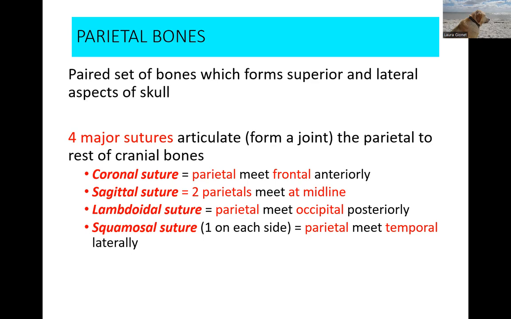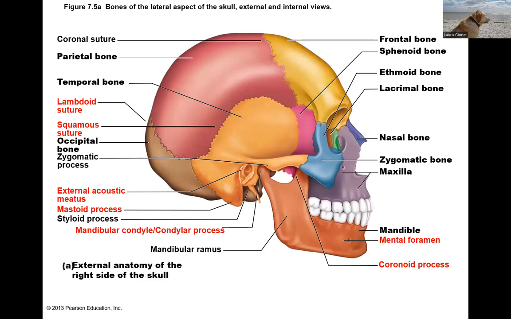The sagittal suture is where the 2 parietal bones meet midline. The lambdoidal suture is where the parietal bone meets the occipital bone. And the squamous suture, of which there are two, one on each side, is where the parietal bone meets the temporal bone.